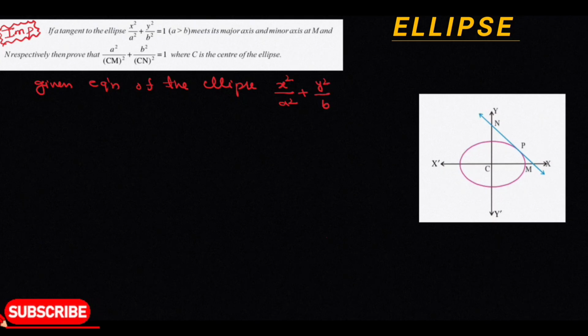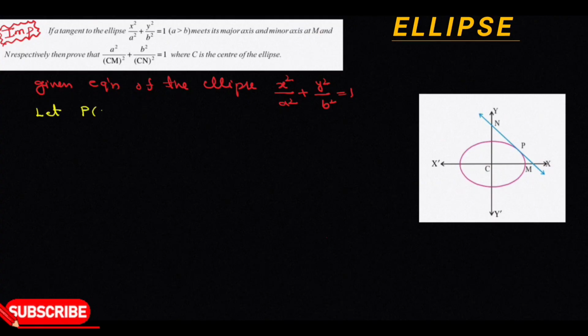Okay, now start the solution. Given equation of the ellipse x square by a square plus y square by b square is equal to 1.